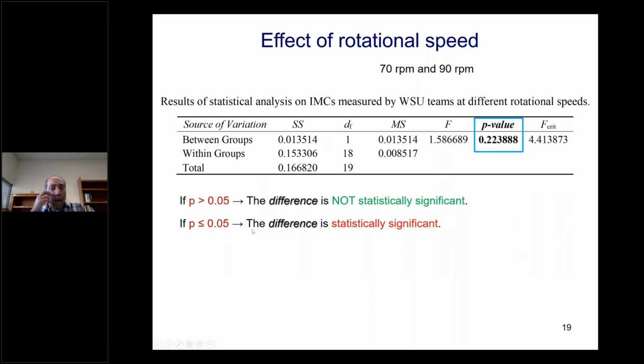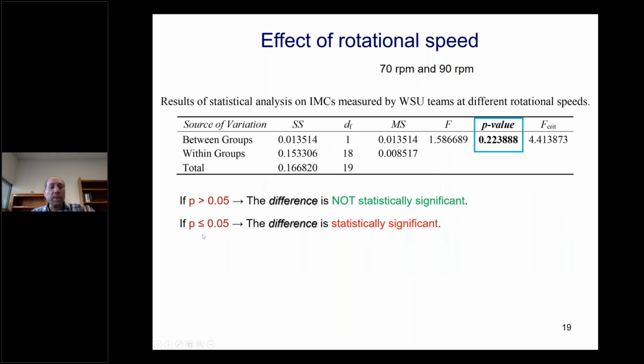So the first two digits are important for us, because if p is more than 0.05, then the difference is not statistically significant.